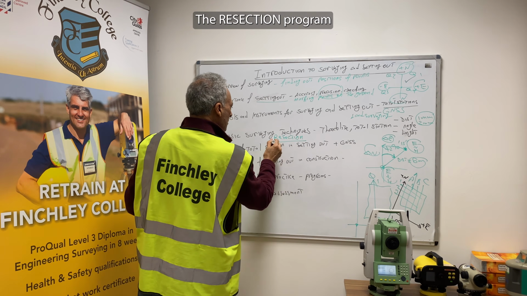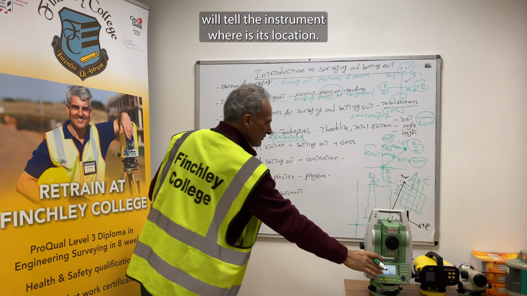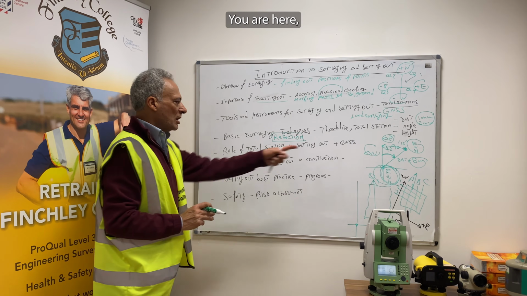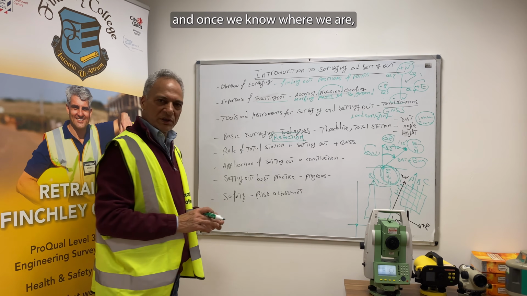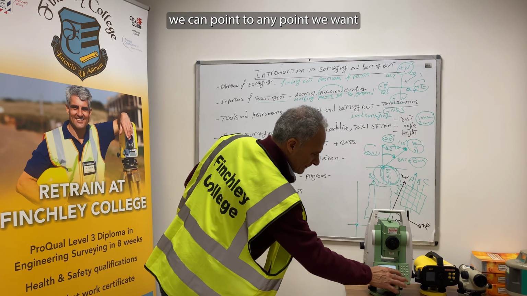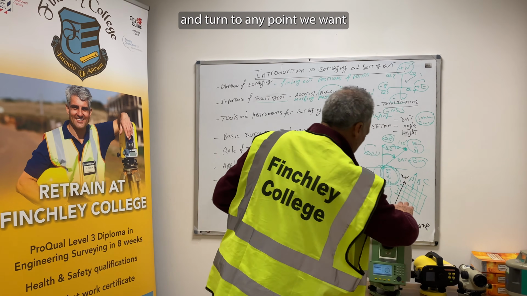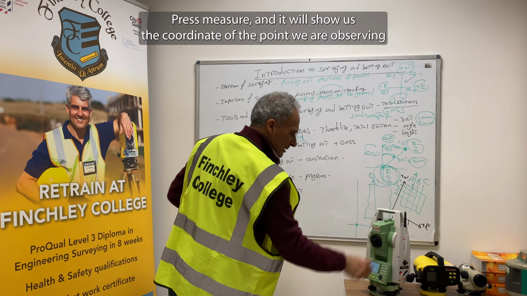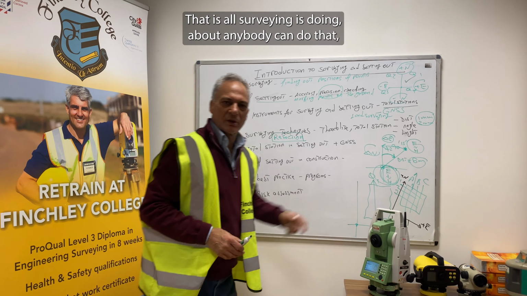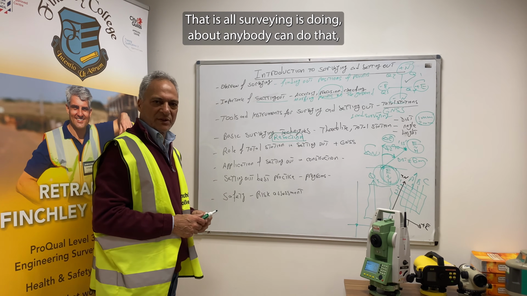The resection program will tell the instrument where is its location. It will calculate this location for the instrument. You are here. And once we know where we are, we can point to any point we want and turn to any point we want, press measure, and it will show us the coordinate of the point we are observing.